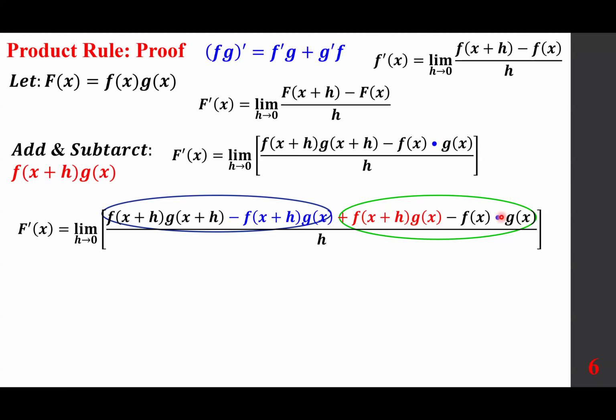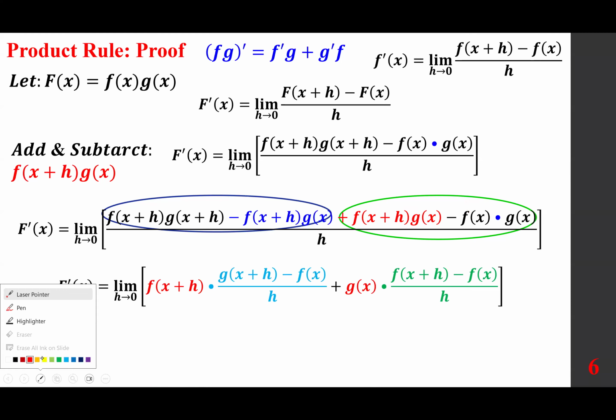And this one, what's in common? G of x comes out. You get f of x plus h minus f of x. Okay, there's a typo.